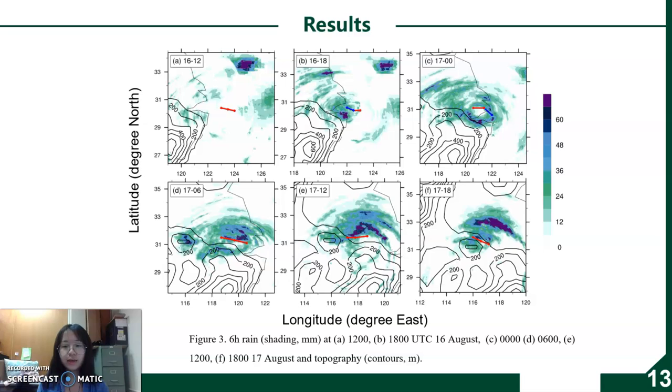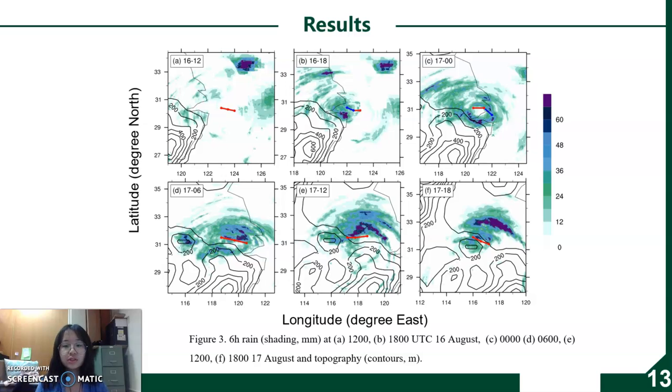Figure 3a to 3c are before landfalling, and 3d to 3f are after landfalling. From this panel figure, we can see that before landfalling, there was only a small rainfall center located to the northeast of Rambia and was far from the TC center.